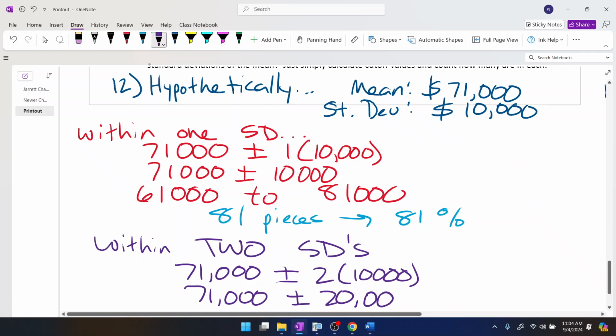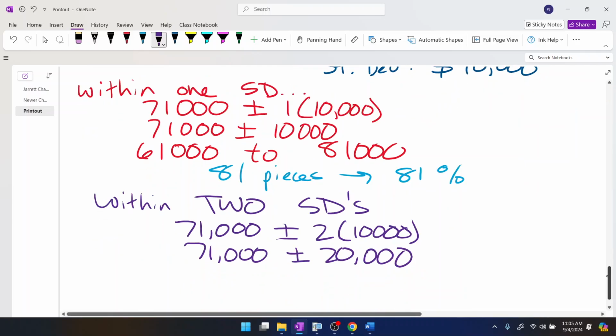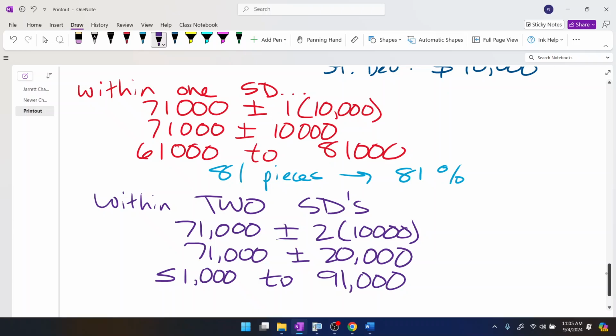And no, there is no plus or minus button on your calculator. I have to say that to my 171 and 172 kids all the time. But we're going to go basically 51,000 to 91,000. That's going to be the range. You simply count how many. If the data's sorted, you can just scroll and figure it out that way. So, that's how you do this.